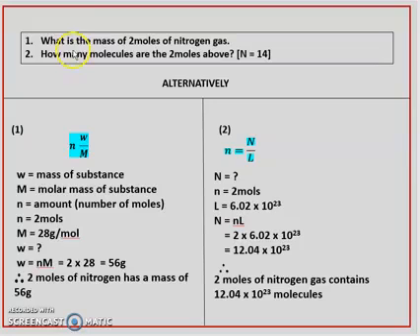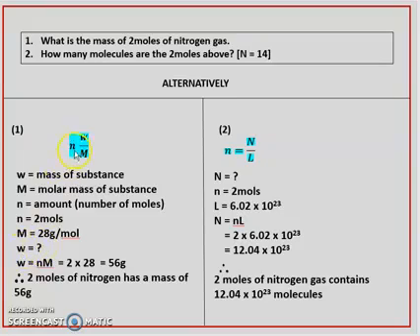So from the question, what is the mass of 2 moles of nitrogen? We have that the number of moles given is 2 moles. So n is 2, while the molar mass of nitrogen from our calculation is 28 grams. Then the question is, what is the mass of those 2 moles? So W is what we are looking for.